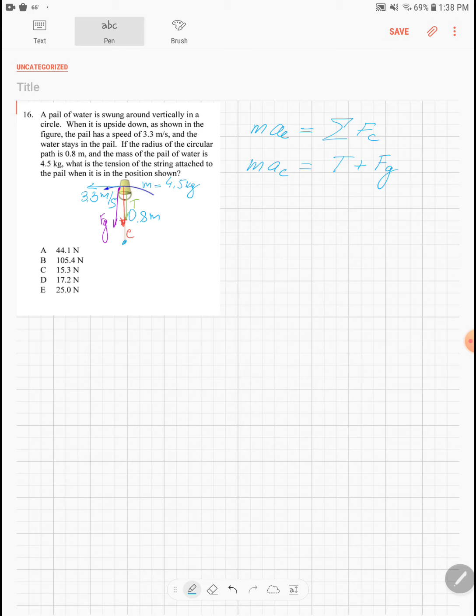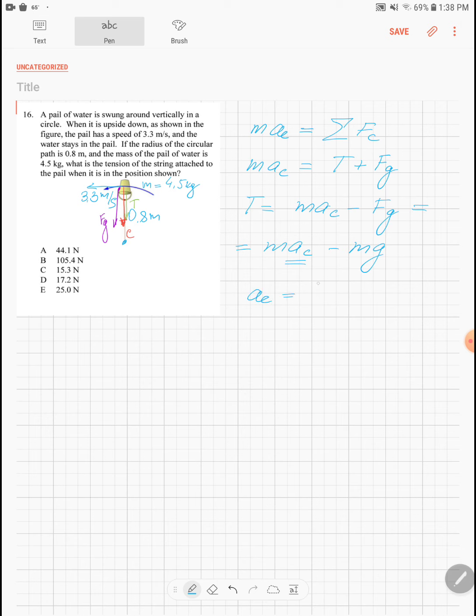Okay, and this we can now solve for the tension force. The tension force will be m a_c minus the force of gravity, and we know what the force of gravity is, so it's minus m times g. The only thing left is to find the centripetal acceleration.